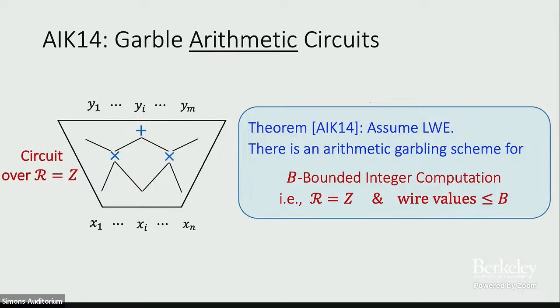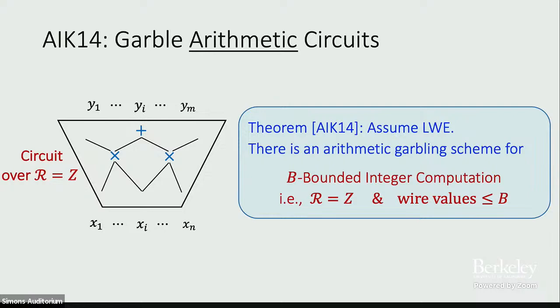What do we know about garbling arithmetic circuits? Not that much. AIK showed that, assuming LWE, there is an arithmetic garbling scheme for bounded integer computation. So they're considering an underlying ring that is over the integers.